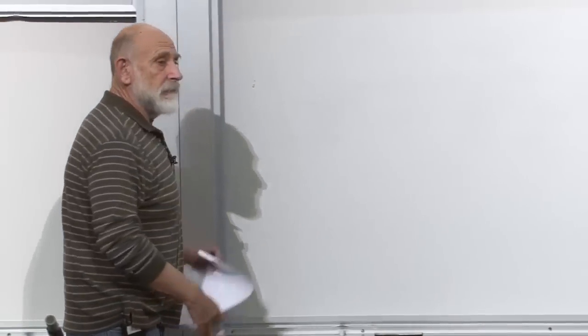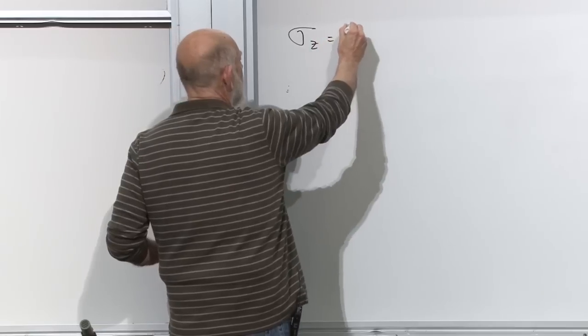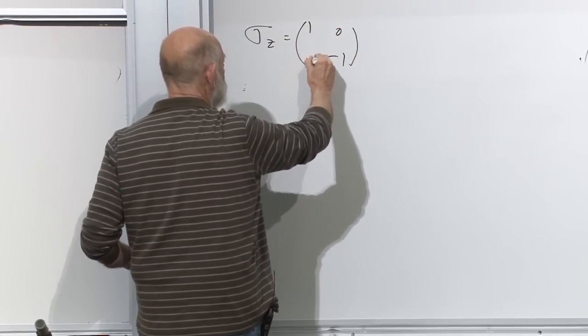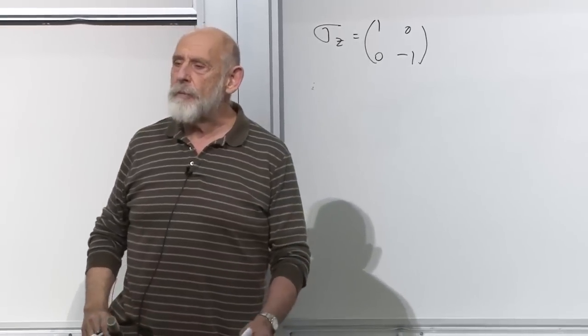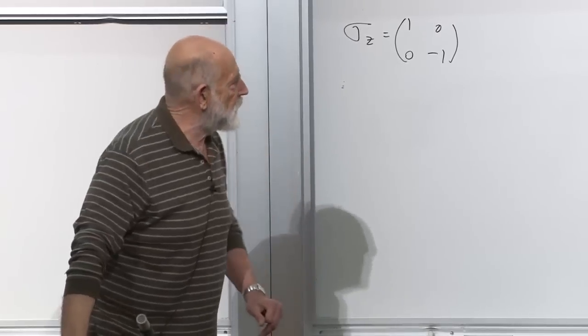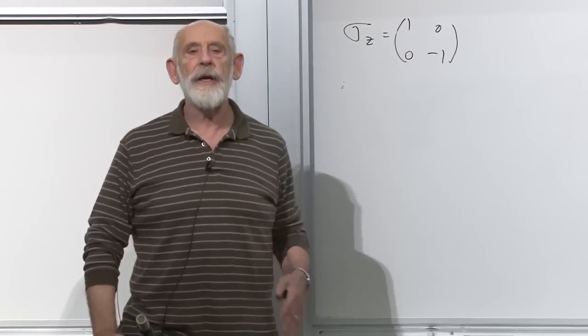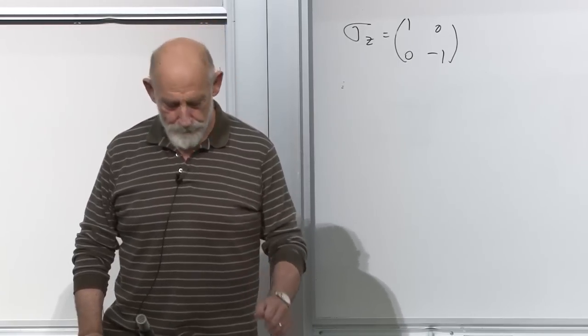Here they are. Sigma z is equal to the matrix with rows (1, 0) and (0, -1). Now, we've made an arbitrary choice. We've decided to take sigma z to be the diagonal matrix. In other words, we are working in the representation of the z component of the spin.